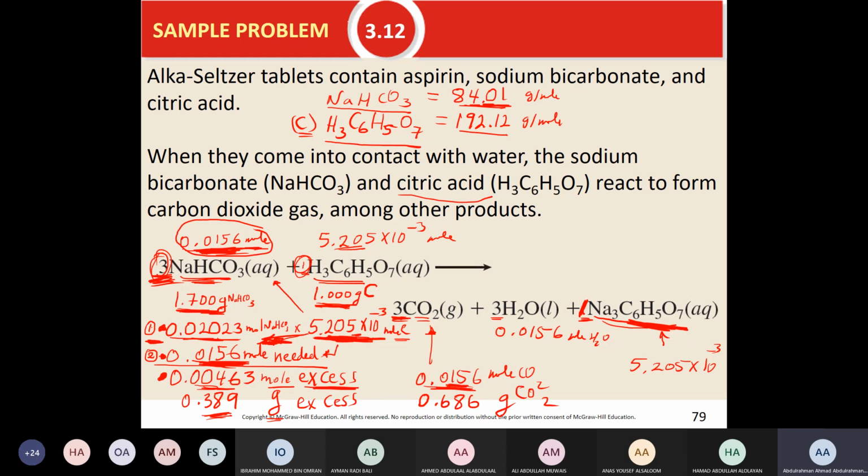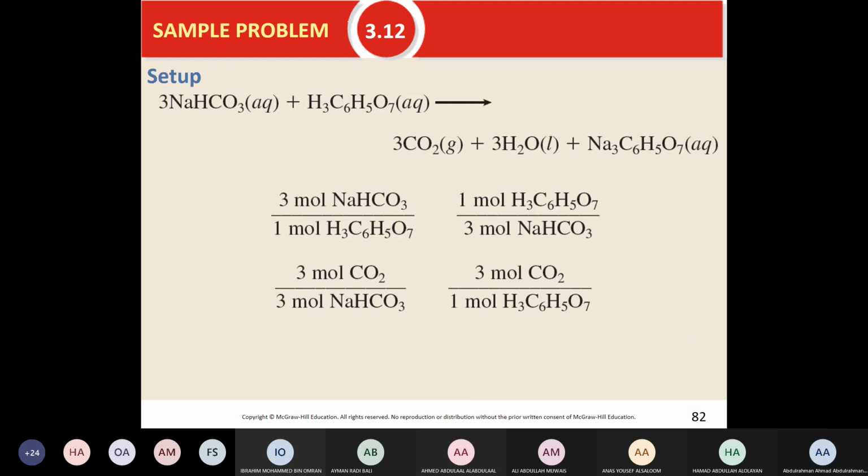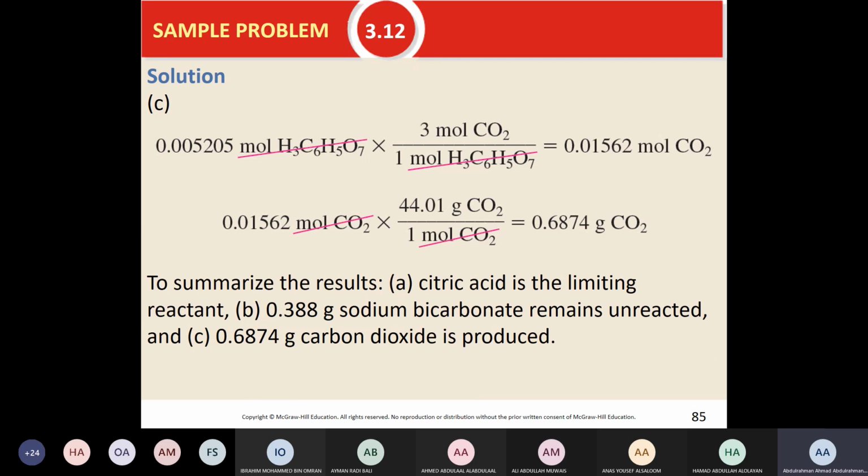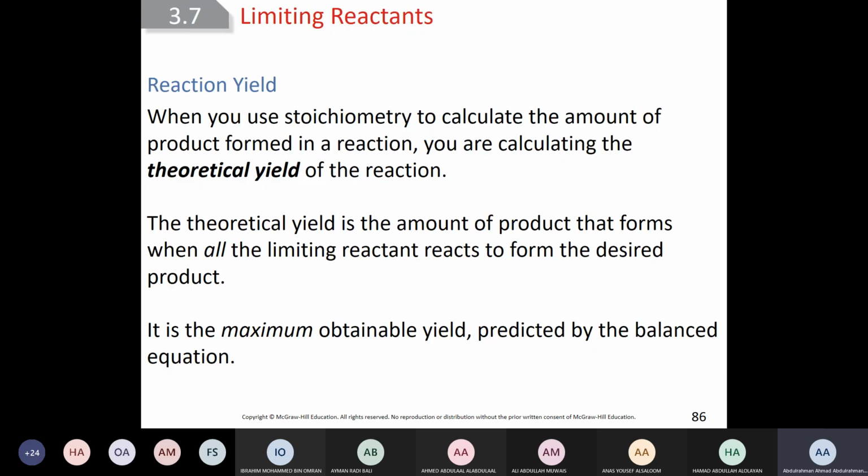We got 3.89 and the correct answer is 3.388. And the amount of CO2 produced is 0.686. 0.686 is actually produced, which is okay. So, okay. All right. With this, I'll stop here.